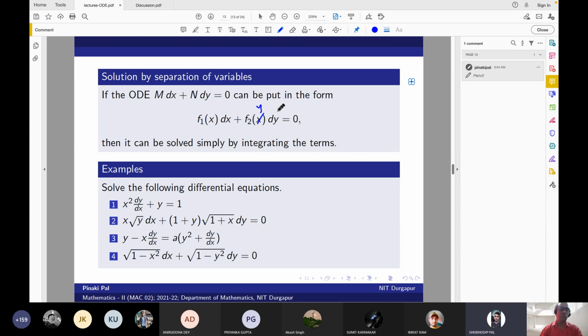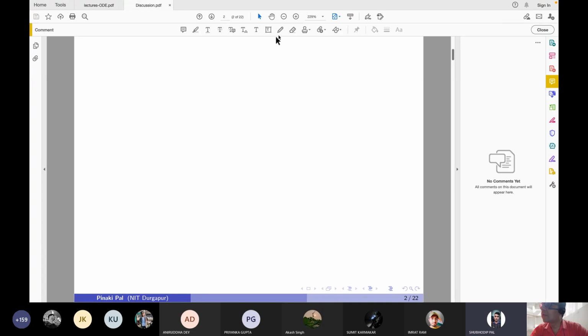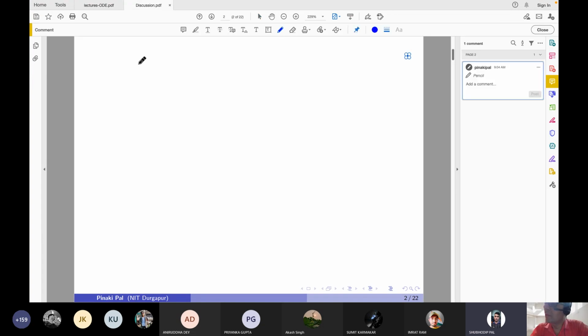I will just show the solution of one of the equations, x squared dy/dx plus y is equal to 1. So let's see. x squared dy/dx plus y is equal to 1. So this is the differential equation.